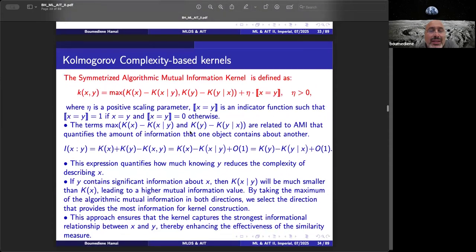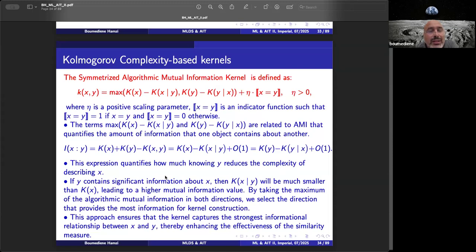Same thing for this one here, which is another symmetrized algorithmic mutual information kernel, inspired by algorithmic mutual information. Same thing for the eta: we use it also to make it positive semi-definite, because in the absolute case, it's not positive semi-definite. That kernel quantifies how much knowing y reduces the complexity of describing x.